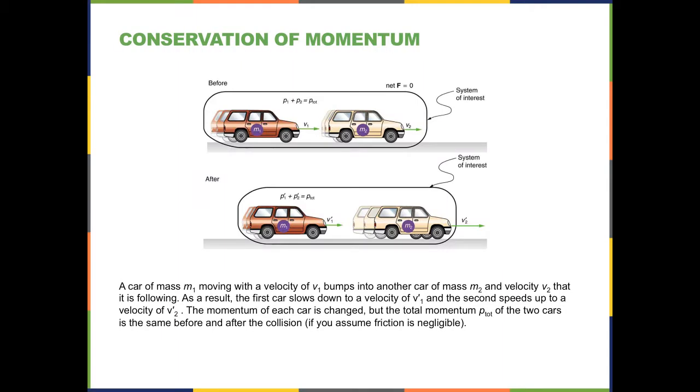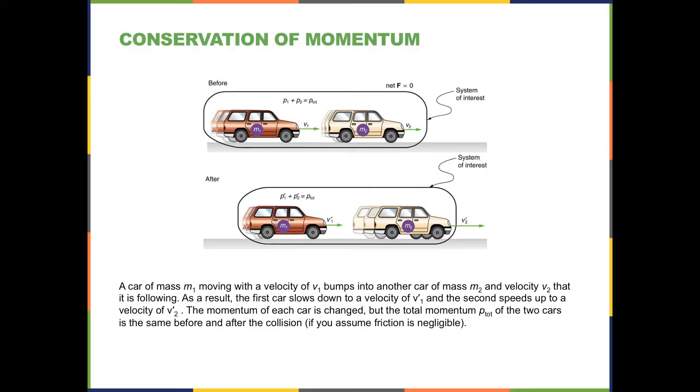Now, just as energy is conserved in any system, momentum is also conserved. So in this diagram, you have a car with a mass m1 moving at velocity v1, which is faster than the car in front of it, mass m2 and v2, and it bumps that second car that it's following.